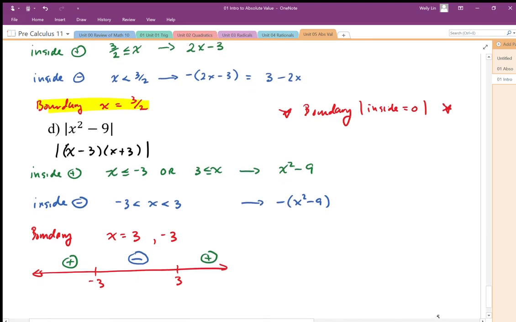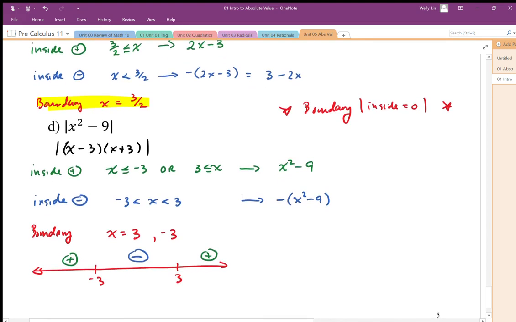Now there's one other way we can help visualize whether the quadratic inside is positive or negative. We can actually visualize what this quadratic looks like. This is a parabola that's opening up, and it looks like that.